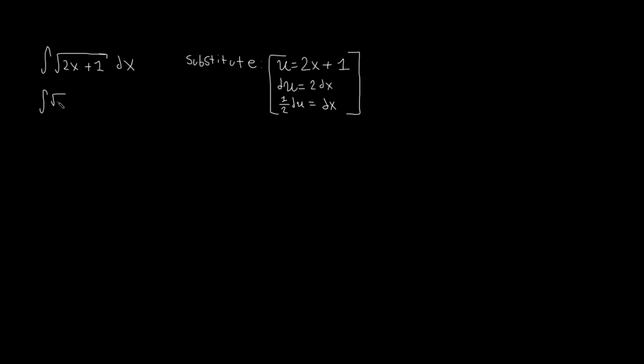And now another way to write this is, we can factor out that 1/2. And of course, another way that we could write this is not factor out that 1/2, but bring it out here in front of the square root of u.